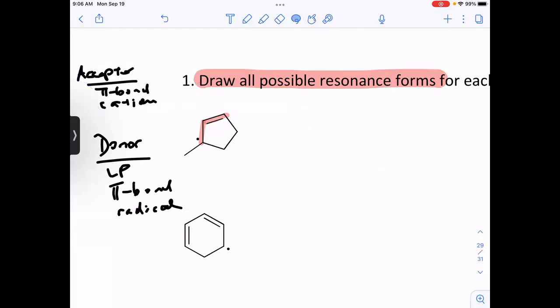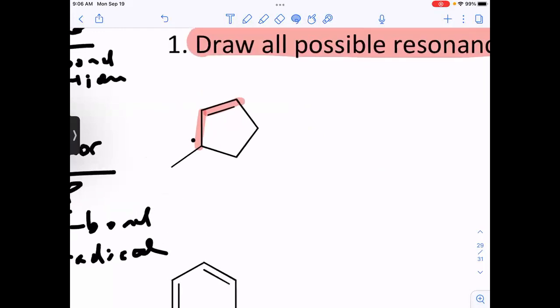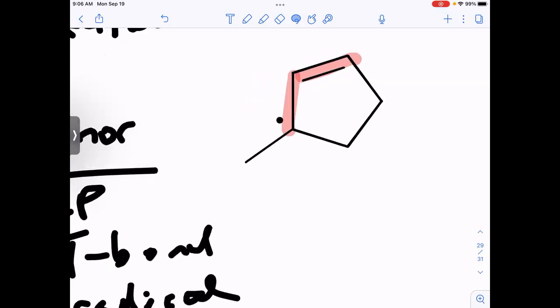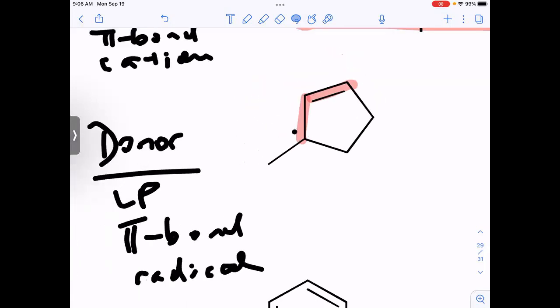Would you push the radical onto the double bond? Okay. When you say onto the double bond, what do you mean by that? Like you take the arrow from the dot and put it on the double bond. Okay, let's think about what the purpose of resonance is. Let's back up a second.